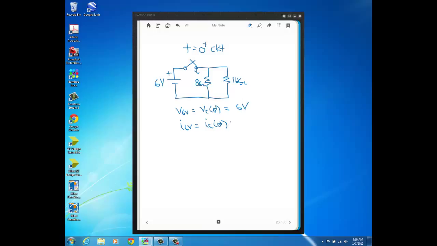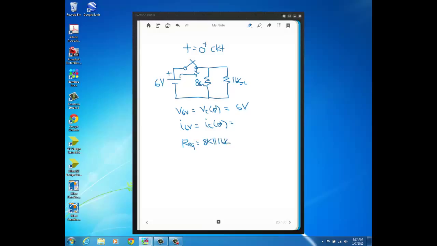Because the voltage across a 6 volt source is 6 volts. And then to find the current for this source, one way to do this problem is to find the REQ for the resistors that are in parallel, and then divide that into our 6 volts. So REQ is 8K in parallel with 16K.